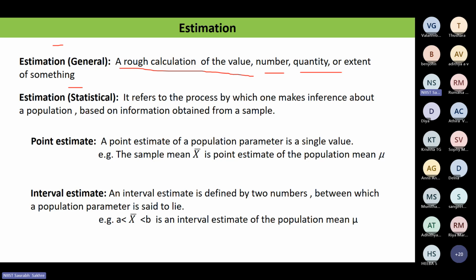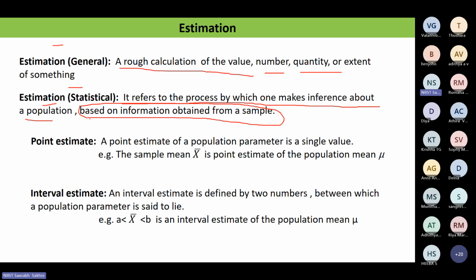Now we will see the statistical definition of estimation. It refers to the process by which one makes inference about a population based on information obtained from a sample. You should go to my first class where I told you that there are two types of statistics, descriptive and inferential. When you are describing your sample data, that is descriptive statistics, and when you are making an inference or conclusion out of it, that is inferential statistics.